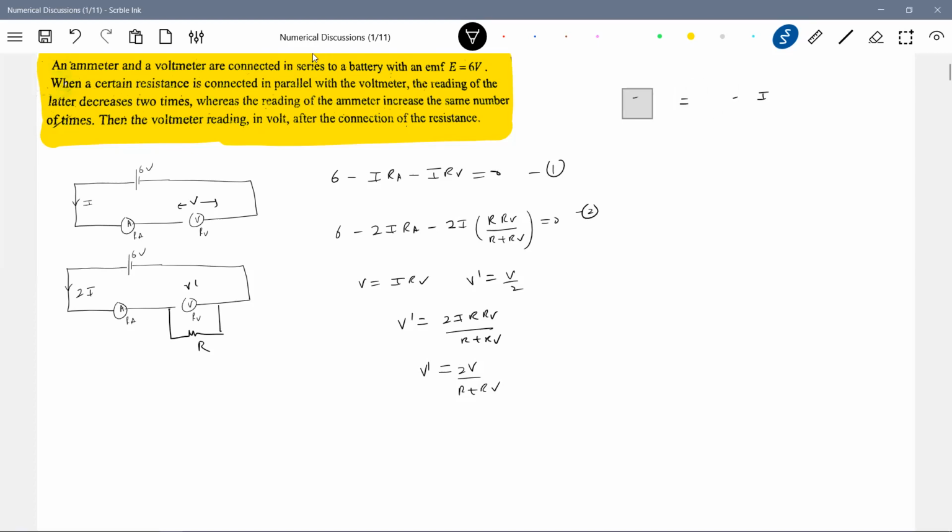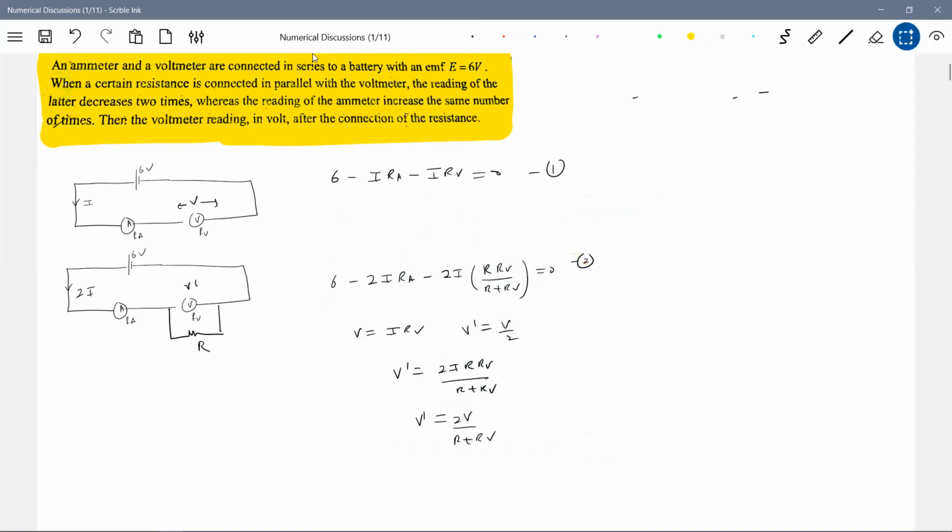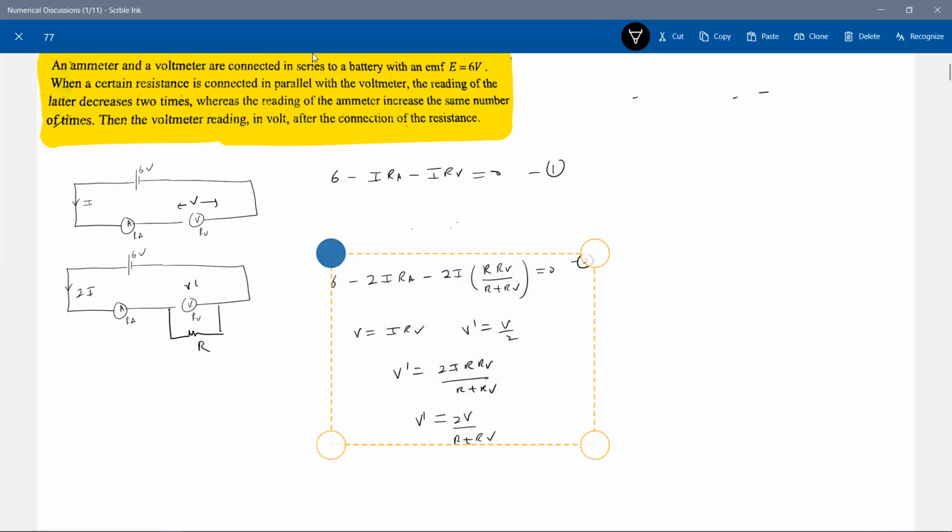Okay, we'll do one thing. This is simplified, one more step. I'll write it, it'll be easy for us. So the second part will be IRA; this will be 2I RA. This will become the reading of that voltmeter. More symbols will bring unnecessary confusion.